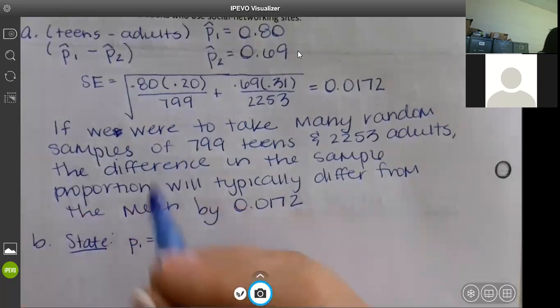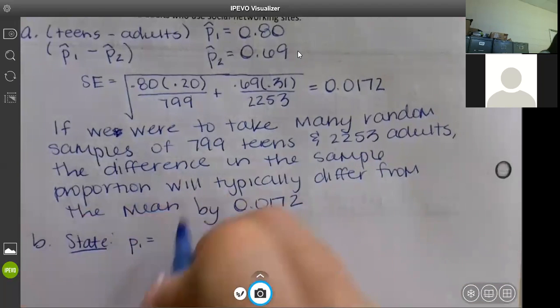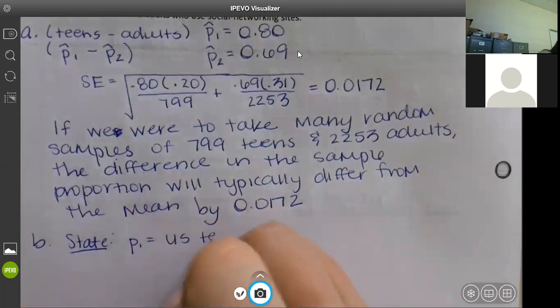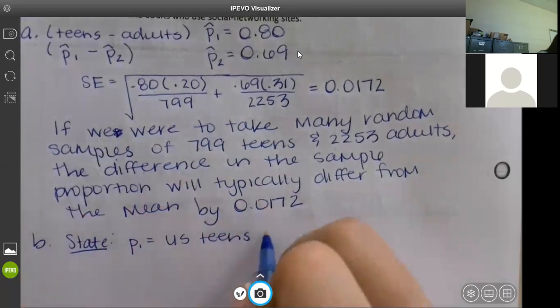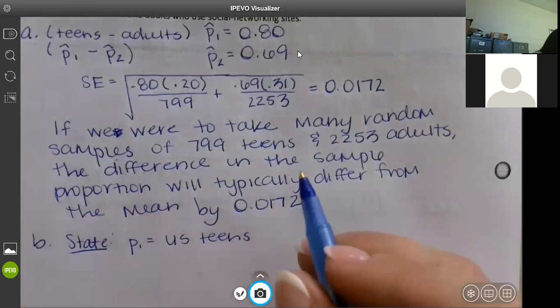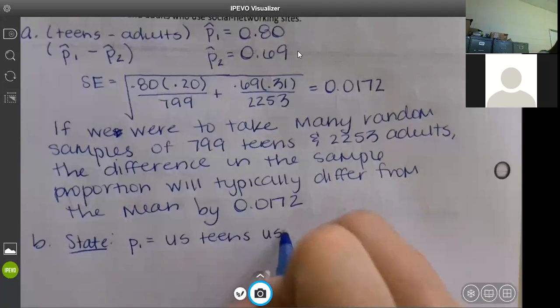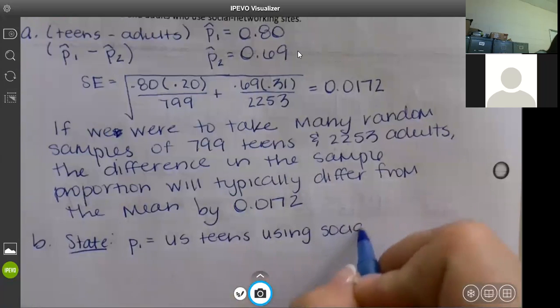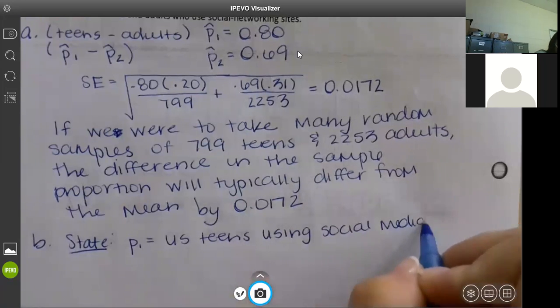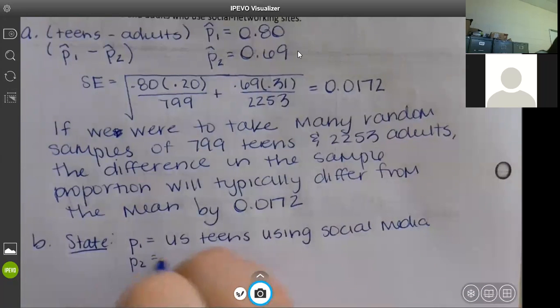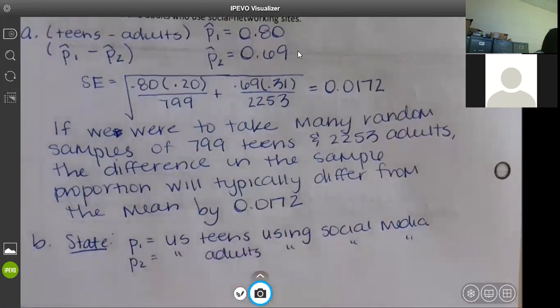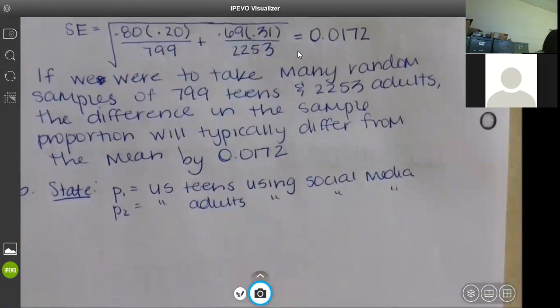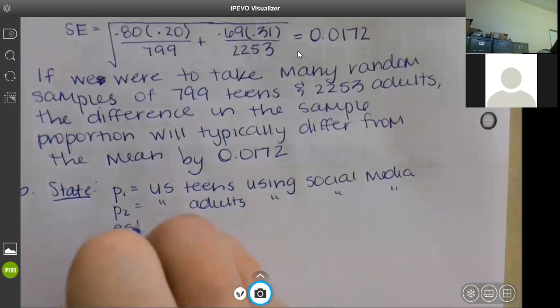P1 is U.S. teens using social media. P2 was U.S. adults using social media. And we want to estimate the difference with 95% confidence.